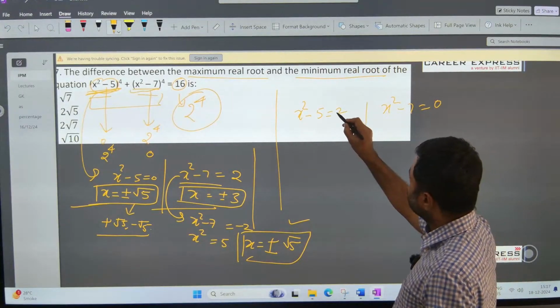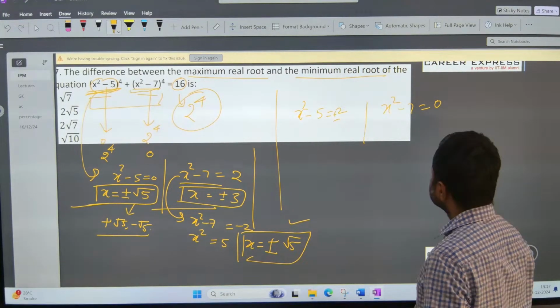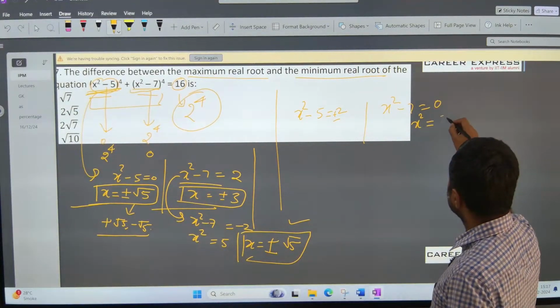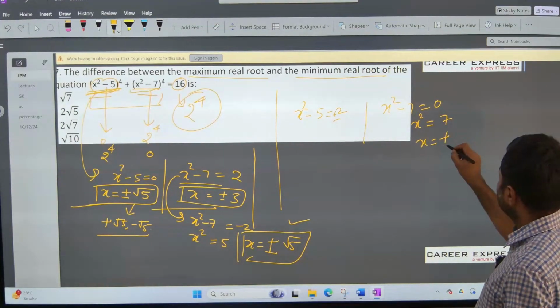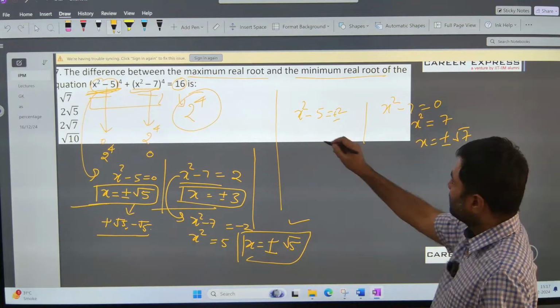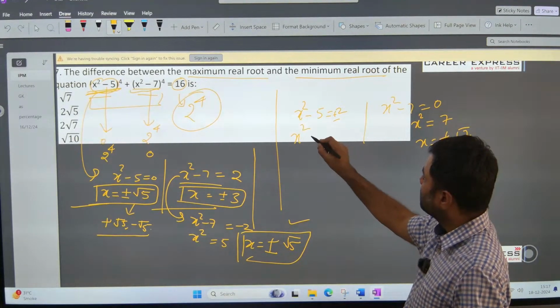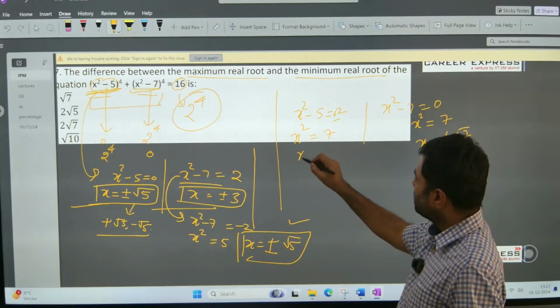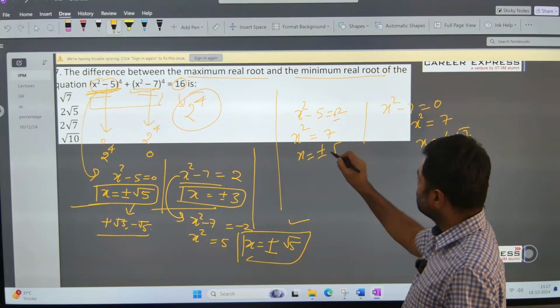Now this 2 can be plus or minus 2. Right? So if x square minus 7 is 0, that means x square is equal to 7, or x is plus or minus root 7. Here x square is equal to 7 if we take plus 2. So x will be plus or minus root 7.